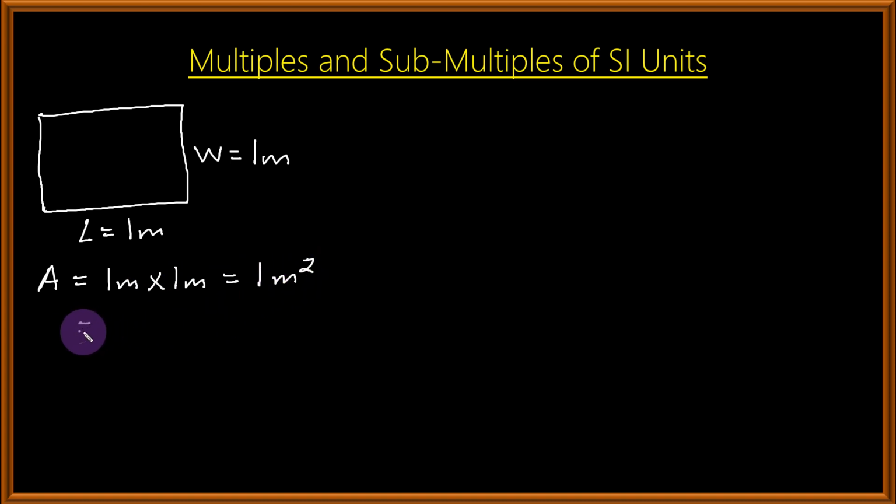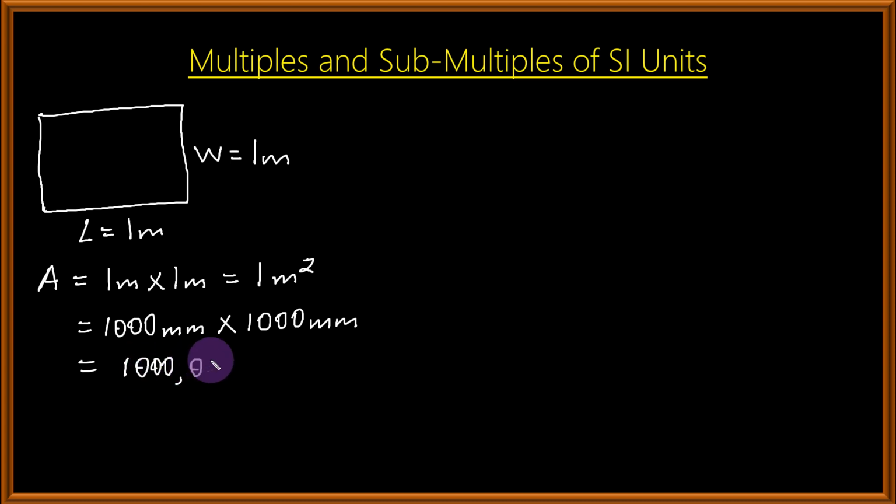Now in terms of millimeters, we are going to recall that 1 meter is equal to 1,000 millimeters. The other 1 meter is again 1,000 millimeters. This will give me 1 million millimeters squared.